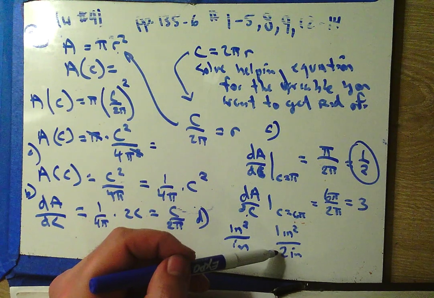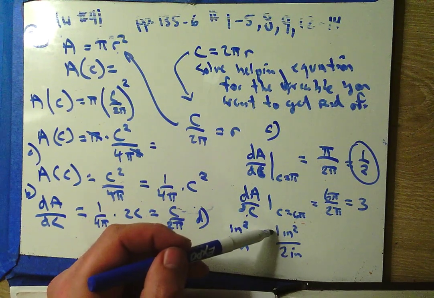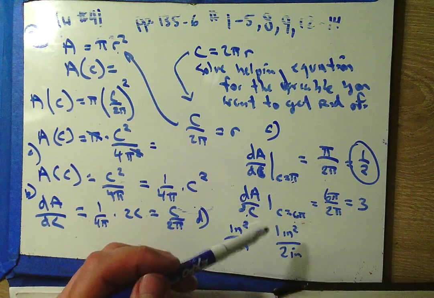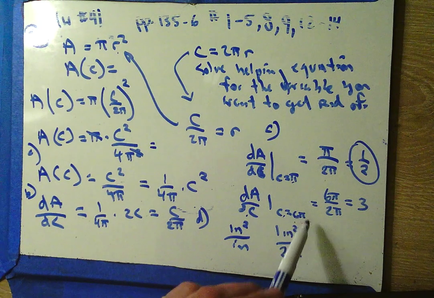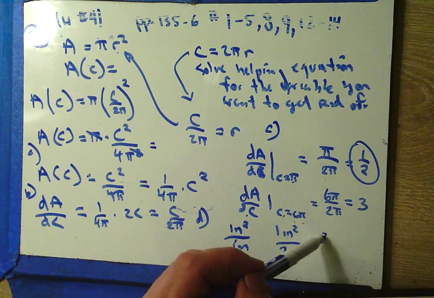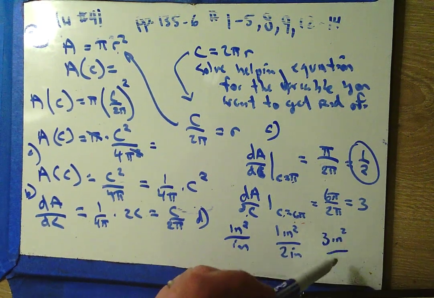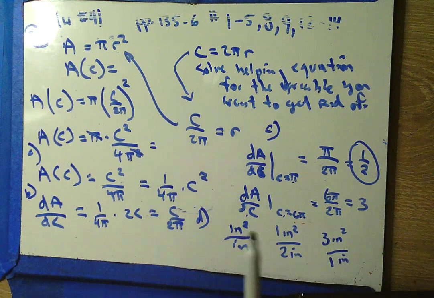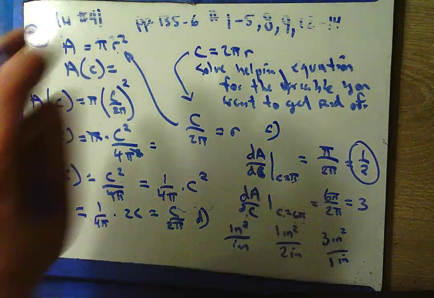If I make the circumference 2 inches bigger, the area is going to increase by 1 square inch when c equals pi. But if c equals 6 pi, then 3 square inches of area for every 1 inch change in circumference. Okay? All right, next.